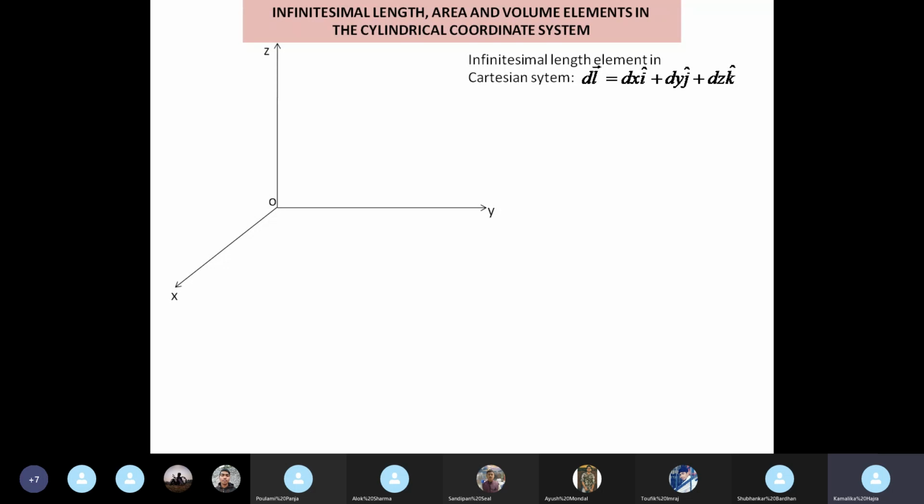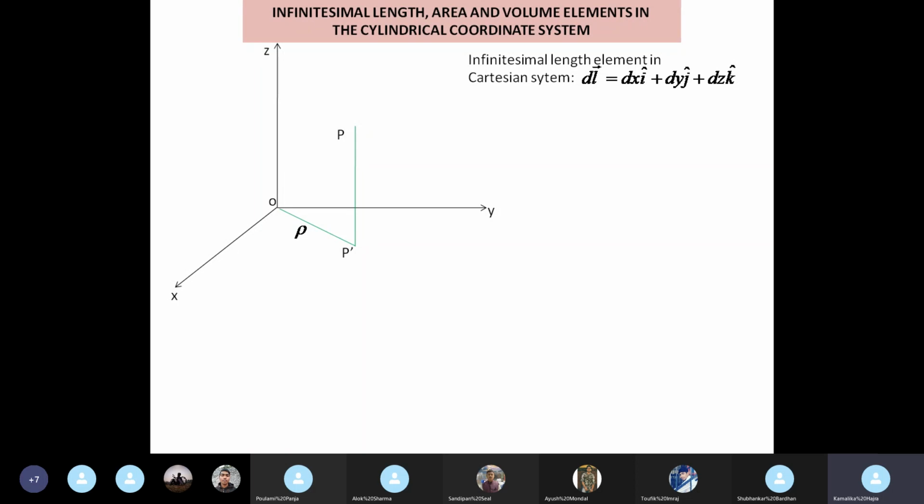First job when you are doing a problem in curvilinear coordinates is to set up your xyz axes. We know that a given point P has coordinates x, y, z, and it can also be expressed in terms of the coordinates rho, phi, z. We drop a perpendicular from P onto the xy plane to the point P prime, join OP prime, and that is our first cylindrical coordinate rho. This much we had discussed.